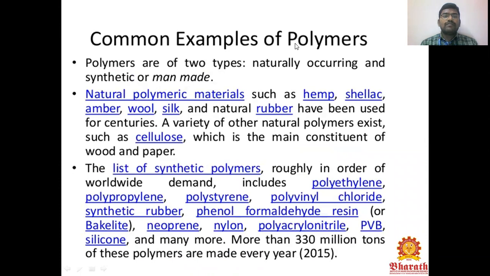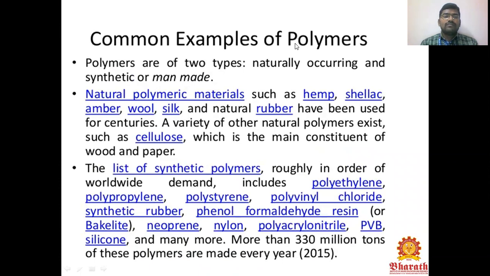Natural polymeric materials such as hemp, shellac, amber, wool, silk, and natural rubber have been used for centuries. A variety of other natural polymers exist, such as cellulose, which is the main constituent of wood and paper.